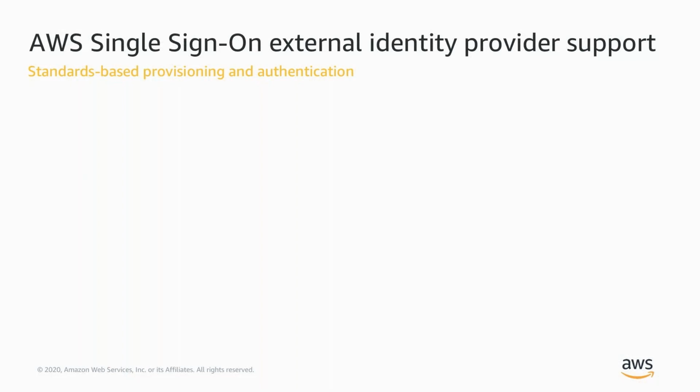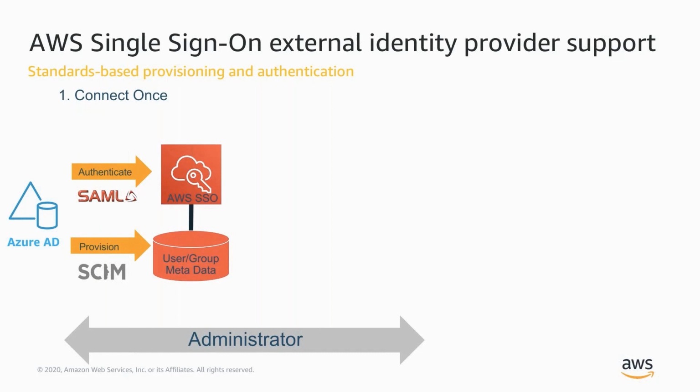Now, let's see how we could simplify this process by using AWS SSO. Let's start from the administrator perspective. In contrast to federating with IAM directly, federating is a one-time setup process with AWS SSO. First, we'll configure SAML. As before, a simple exchange of the metadata files.